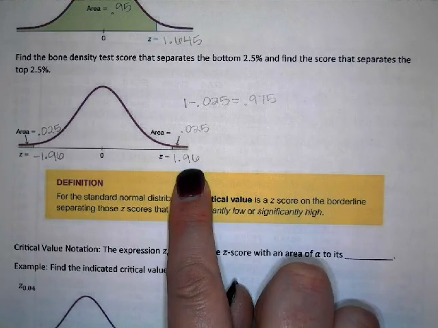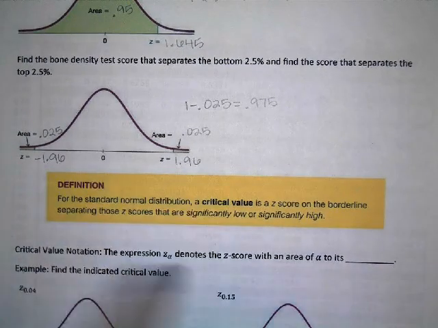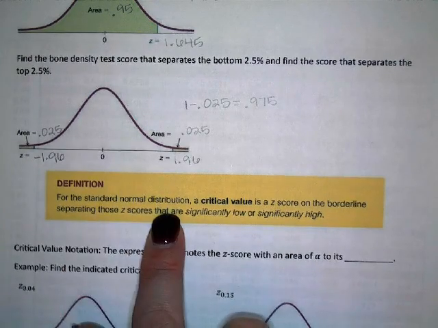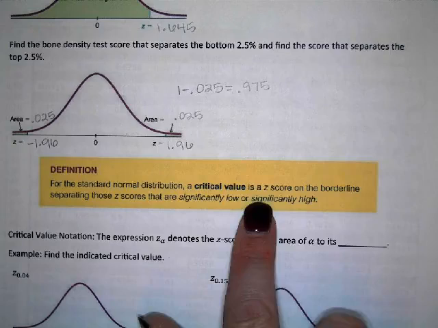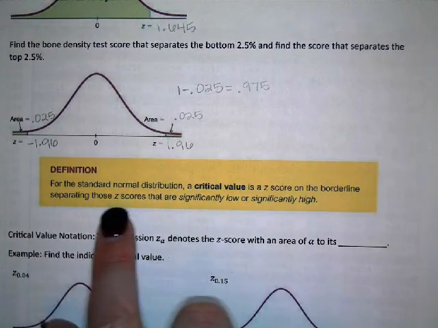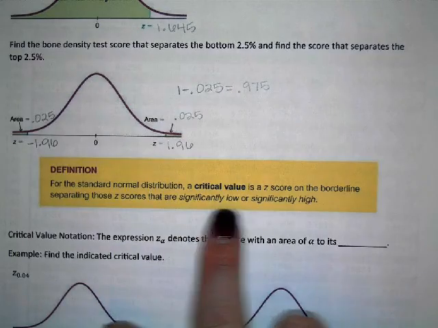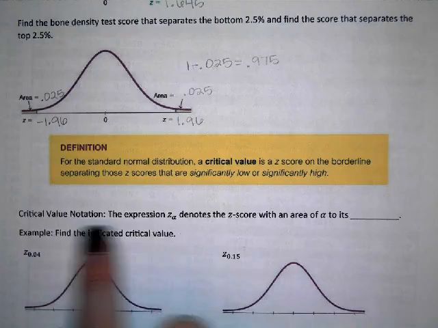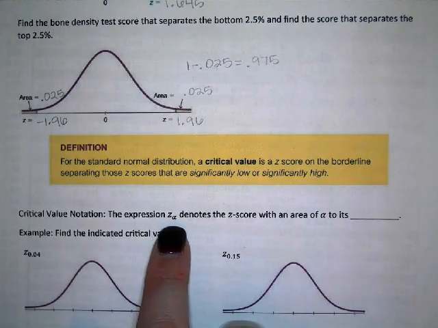So for the standard normal distribution, a critical value is a z-score that's on the borderline, separating those z-scores that are significantly low or significantly high. And then we have critical value notation. The expression z sub alpha, that's the Greek letter alpha, denotes the z-score with an area of alpha, and the area is actually to the right. It's measured to the right.